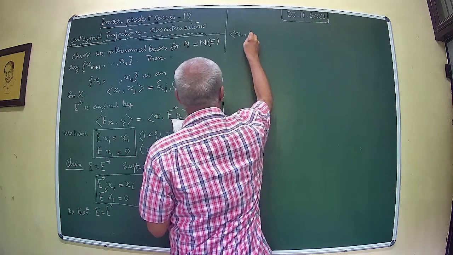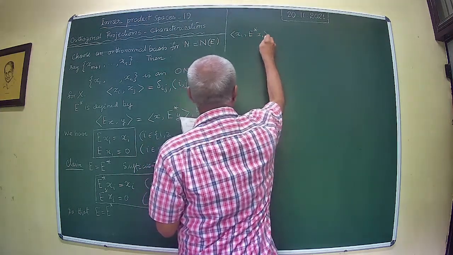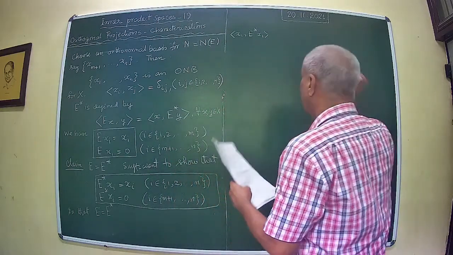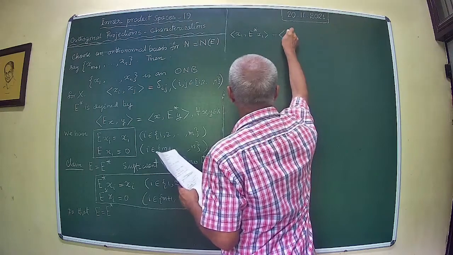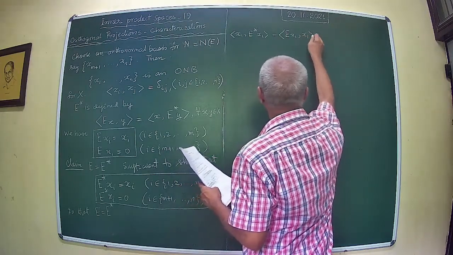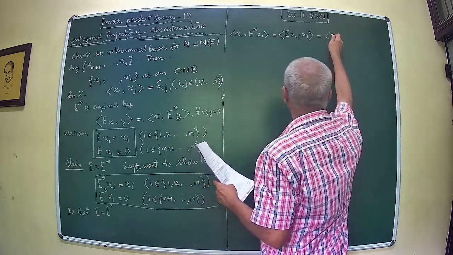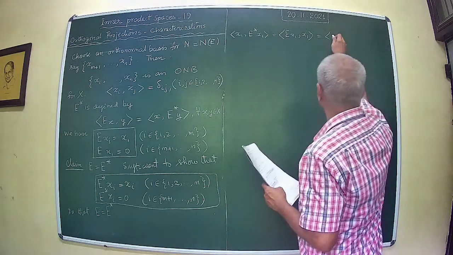The inner product of x1 with E star x1 is equal to essentially the inner product of Ex1 with x1, and this is equal to the inner product of x1 with x1, which is 1.